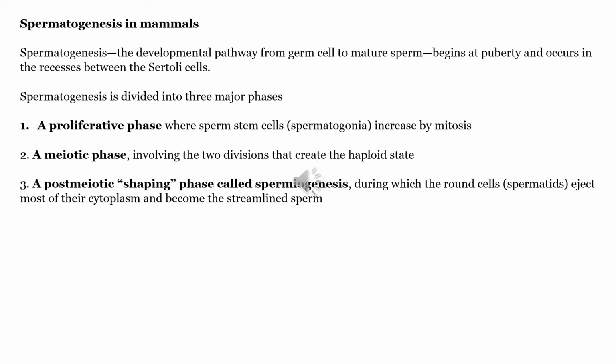The last stage is post-meiotic, also known as the shaping phase or spermiogenesis, during which the round cells or spermatids eject most of their cytoplasm and become a streamlined sperm.